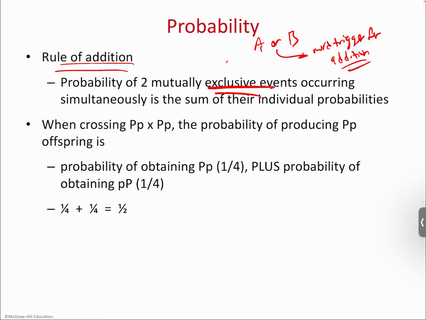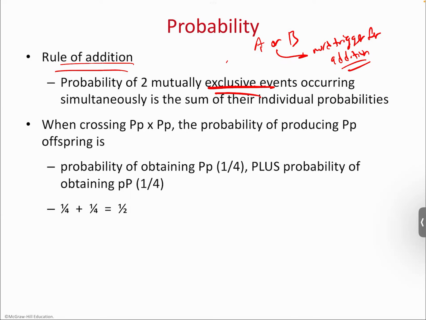Imagine you have two coin flips, A and B. Those are your two events, and all you want is a heads. You want a heads in either A or in B. You don't care which one. You just want a heads in A or B. The fact that it doesn't matter which one you get means that it is the addition of those two individual probabilities. So what is the probability of getting a heads in A?